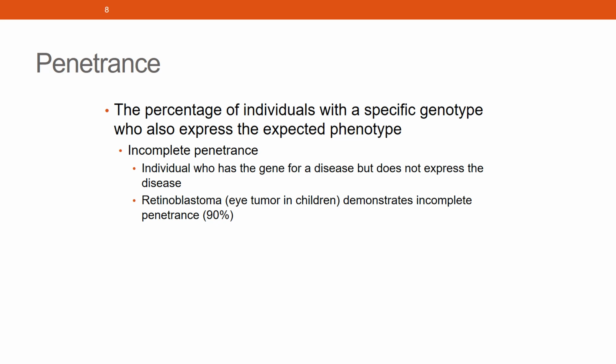So what percentage of the people with the gene will have the disease? For example, retinoblastoma is incomplete penetrance, which means 10% of affected children with the gene will have no disease.